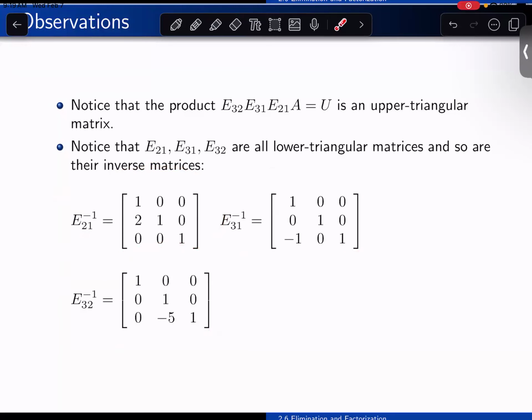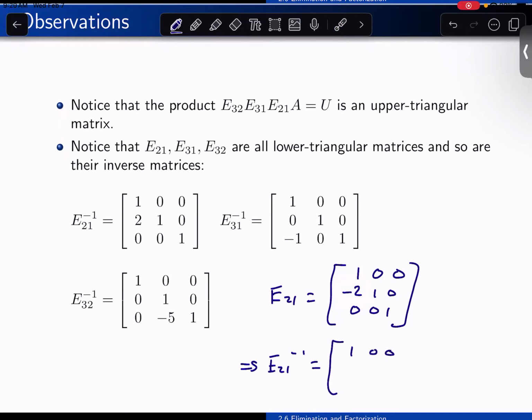And we saw before, this is a review from Monday, if we have an elimination matrix, say E21 is equal to 1, 0, 0, minus 2, 1, 0, 0, 0, 1, the inverse of this elimination matrix is just taking the entry off of the diagonal that's non-zero and flipping the sign, right? So E21 inverse is pretty much the exact same thing, except you change the -2 to a +2. So it's really easy to go from an elimination matrix to its inverse. You just flip the sign.